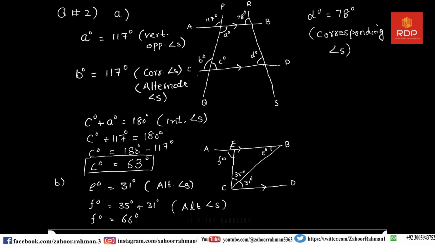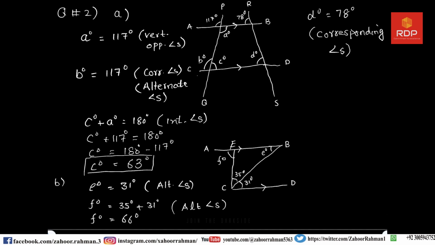Now C degree plus A degree is equal to 180. Ladies and gentlemen, if you remember, I told you that you have to find the shape, whether it is a flipped one or the forward one. In both cases, you have to do what?